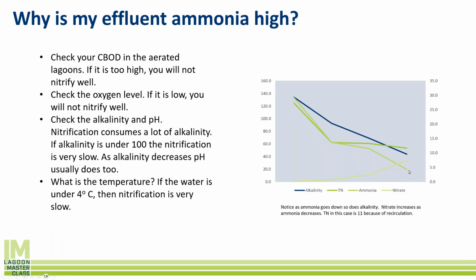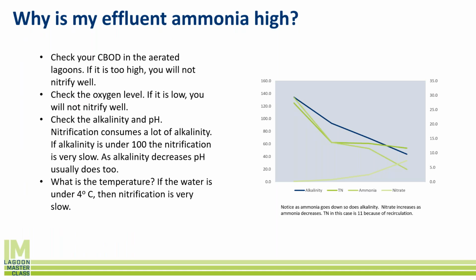So from going to 30 to 3, our alkalinity went from 140 to 50. So this plant really could not nitrify anymore because they just did not have enough alkalinity in the water. We actually did some experimentation here. Once we put the alkalinity into the water, they were actually able to nitrify all the way down to 1.